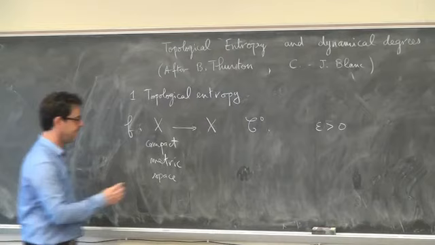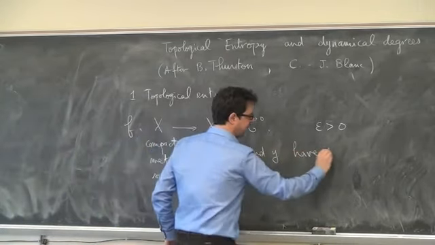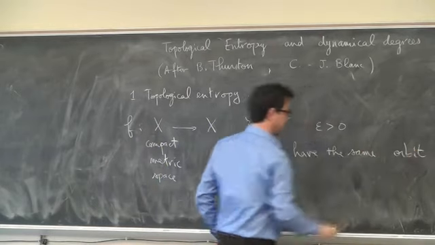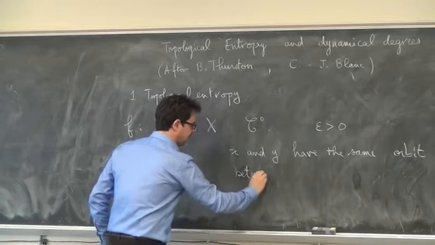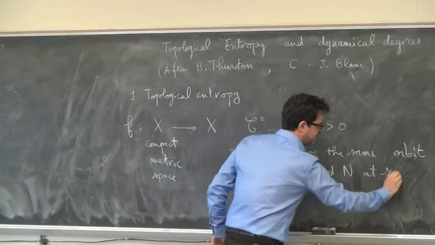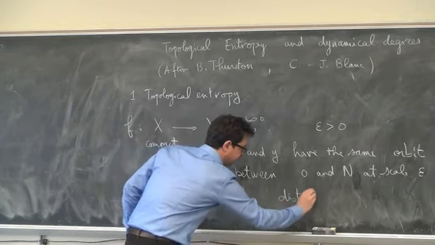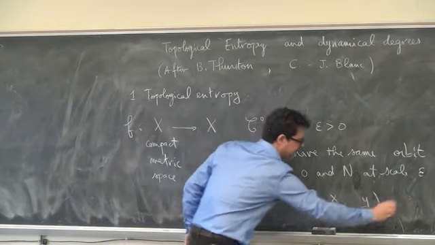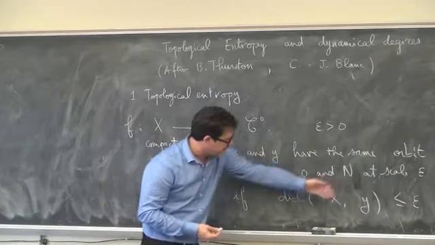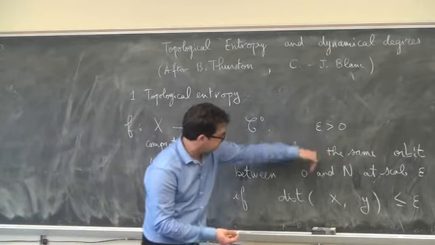And you say that two points x and y have the same orbit between time 0 and n at scale epsilon if the distance between x and y is less than epsilon, and this distance remains smaller than epsilon when you iterate the map for the first n iterations.